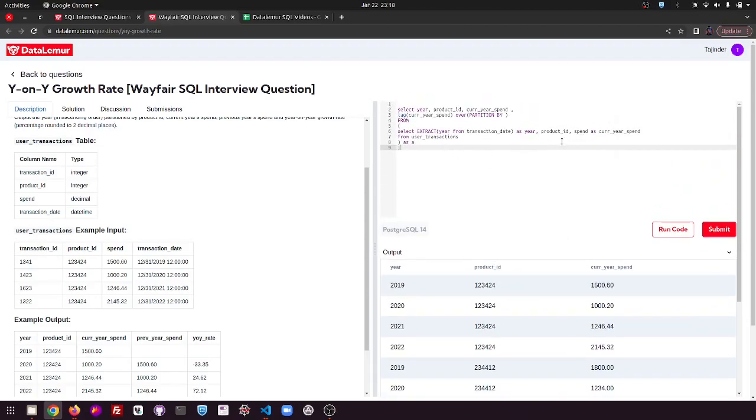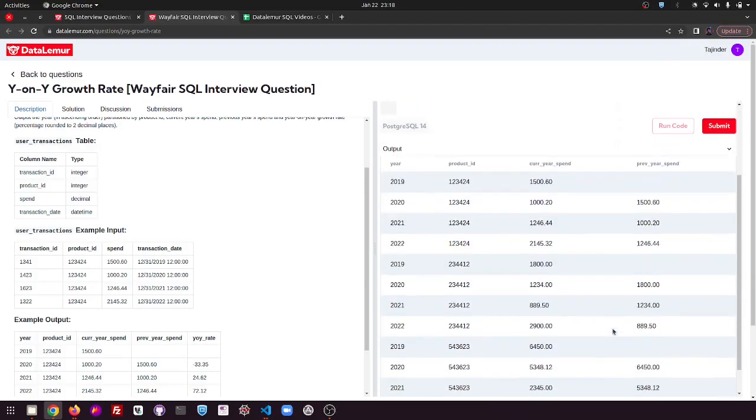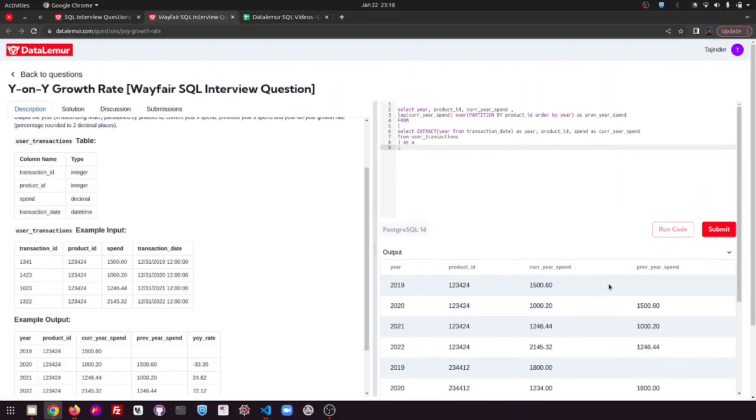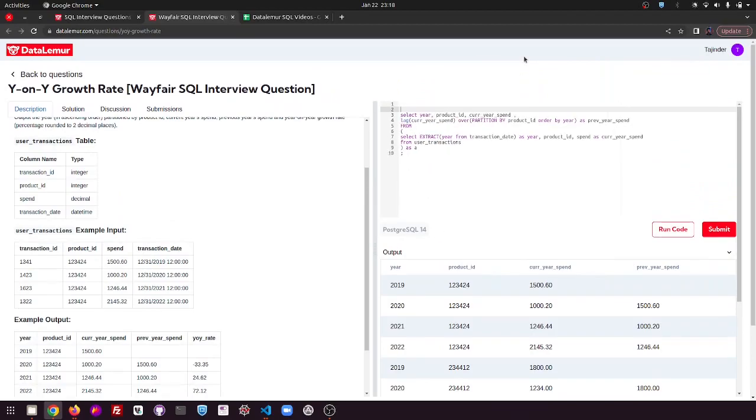So we will use the partition by clause here with the product ID column, then order by the year. So this will be previous year spend. This is step 2. Let me test by running the query. For the first row it will be null because there is no previous row here.